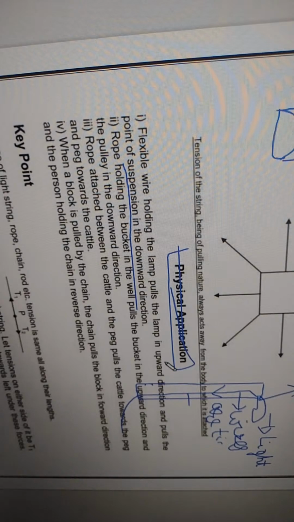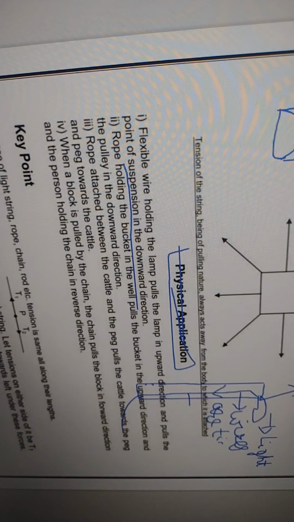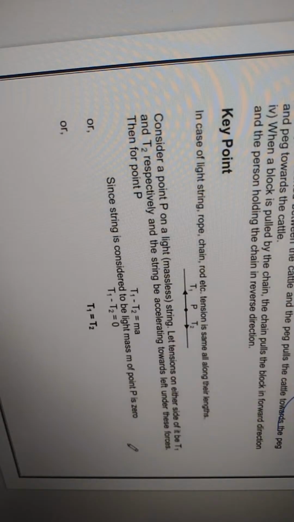So this is the key point. In case of the light string or rope, the tension is the same along its length. So this T1 is equal to T2. Consider a point P on the light string.